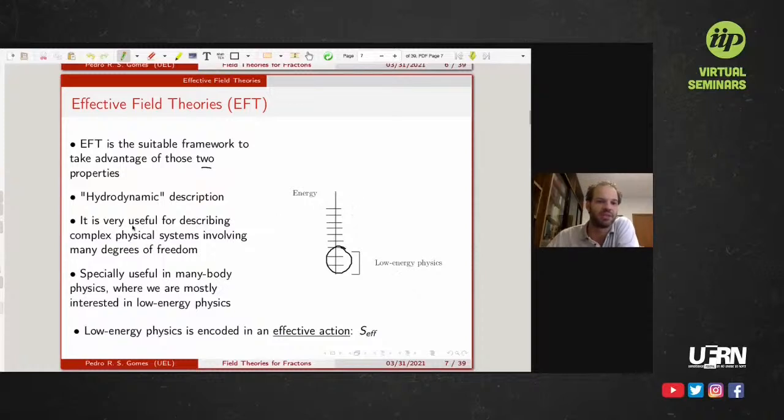So it's especially useful for describing complex physical systems involving many degrees of freedom, like those in many body physics, okay, where we are mostly interested in the low energy physics. So this is the kind of strategy we will pursue along this presentation. And typically, the low energy physics is encoded in an effective action or in an effective Hamiltonian. I will frequently use this term, effective action.